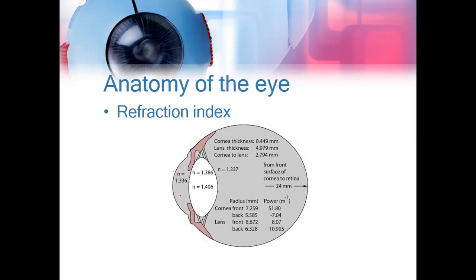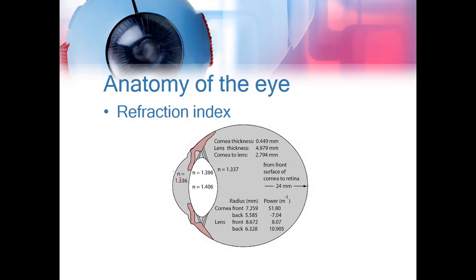As I told you, this structure is highly innervated by the fifth cranial nerve, and as you know, this is a sensitive nerve. So when the cornea is affected and it is highly innervated by this nerve, the diseases related to the cornea are really, really painful.